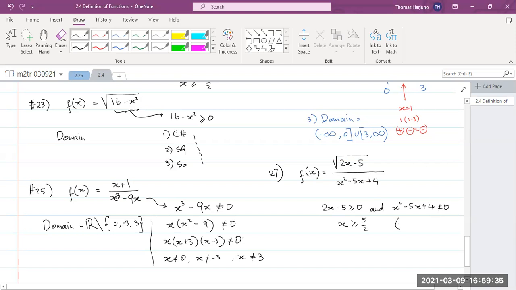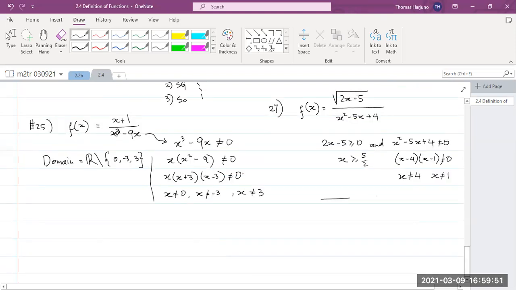And you will see (x minus 4)(x minus 1) cannot be 0, so x cannot be 4, x cannot be 1.